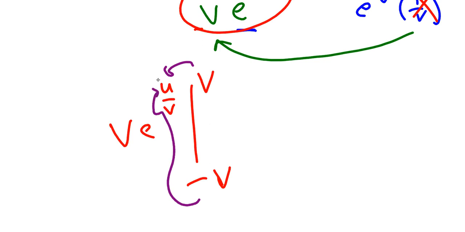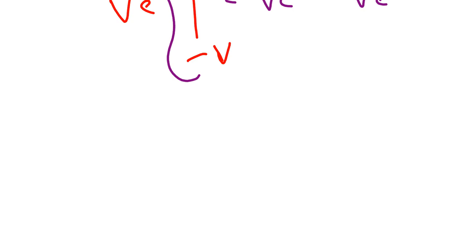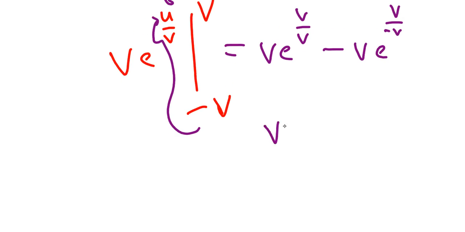So we would get v e to the v over v minus v e to the v over negative v. Okay, so what happens there? It becomes v e to the 1 minus v e to the negative 1.